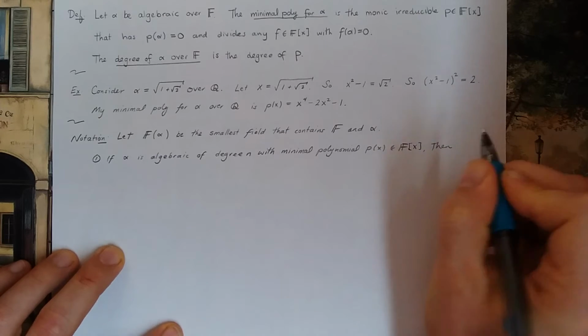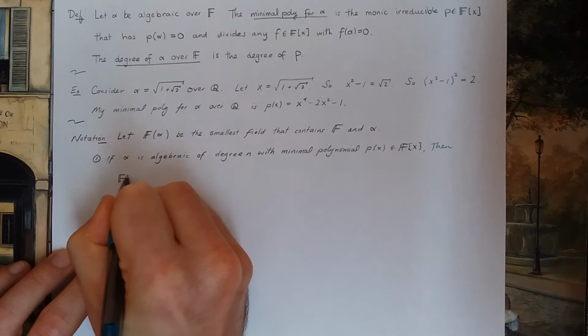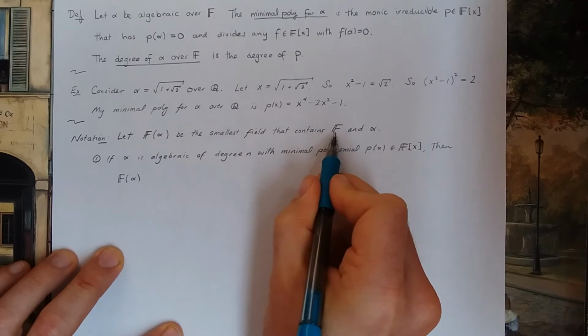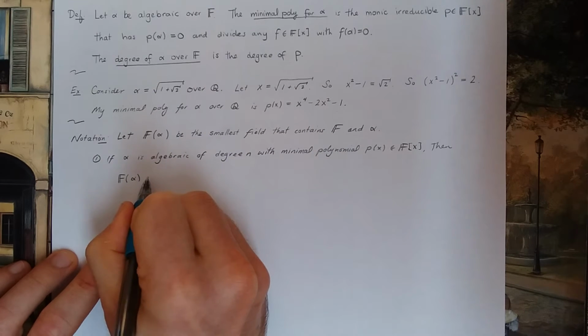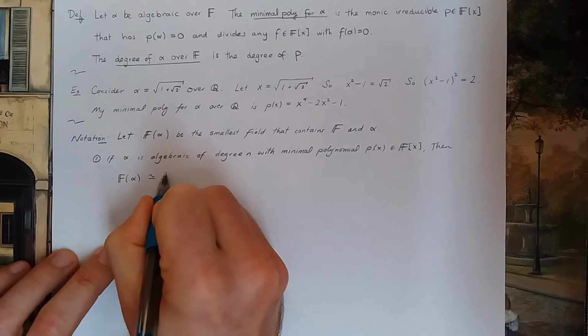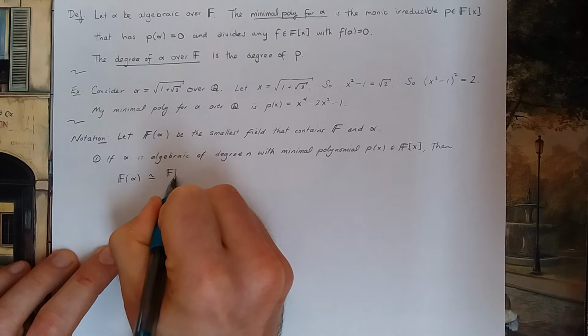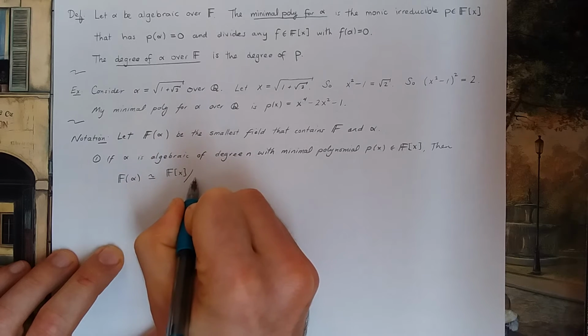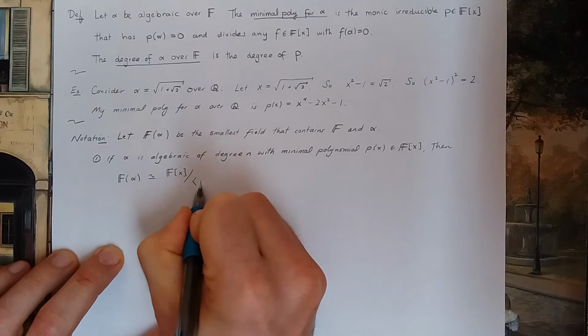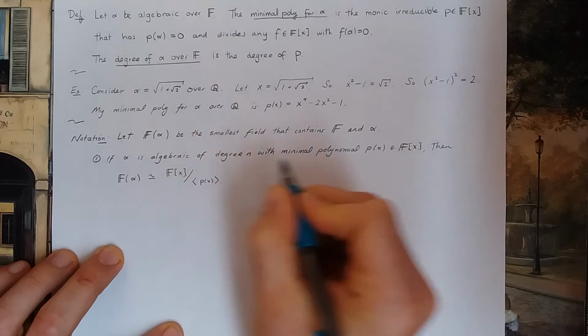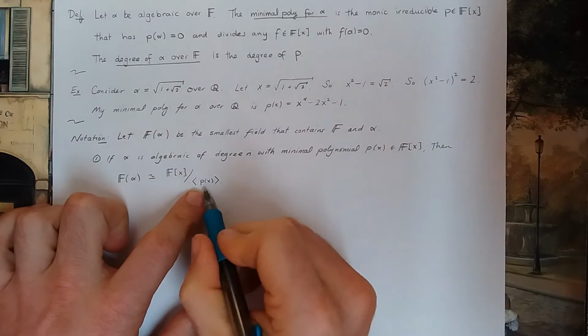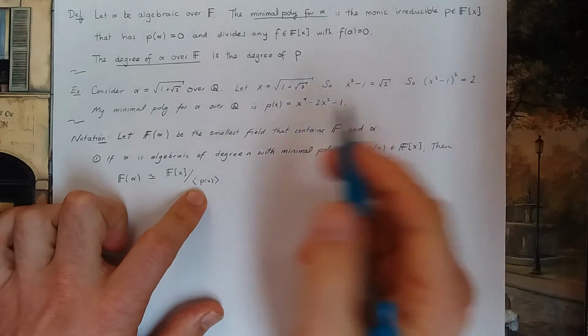In this case, we have that the smallest field that contains F and alpha is isomorphic to the polynomials modded out by the ideal generated by P. So this is a field because P of x is irreducible by definition.